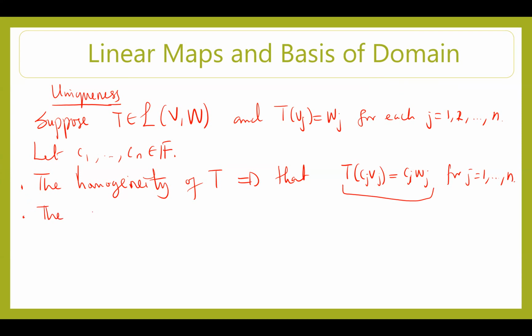The additivity property of T implies that it's not happening only for Cj Vj, it happens for everything: C1 V1 all the way to CN VN, producing C1 W1 all the way to CN WN.